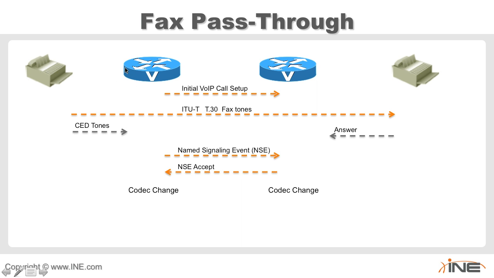So we need to dynamically change our codec on our dial peer to G711, make sure VAD is disabled, and make sure echo cancelers are disabled, because remember, echo cancelers are going to cancel within the echo return loss area, whether it's 32 milliseconds long or 64 or 128 milliseconds long.